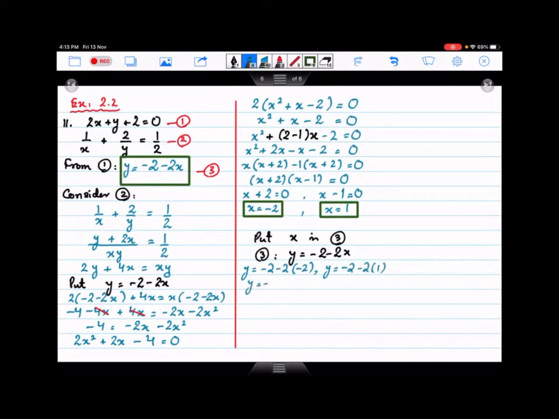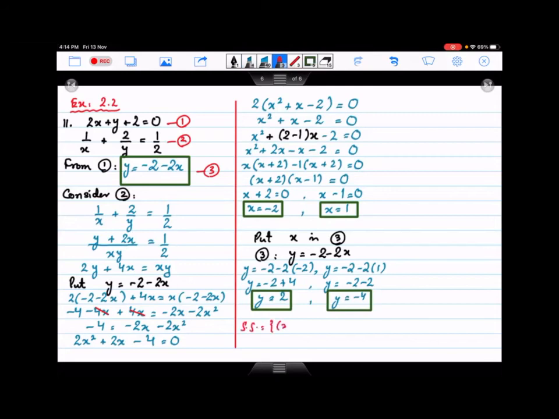So it should become minus 2 plus 4. This should become minus 2 minus 2. This should become equals to 2, and this should become equals to minus 4. Now making a box around it, and now making the solution set.